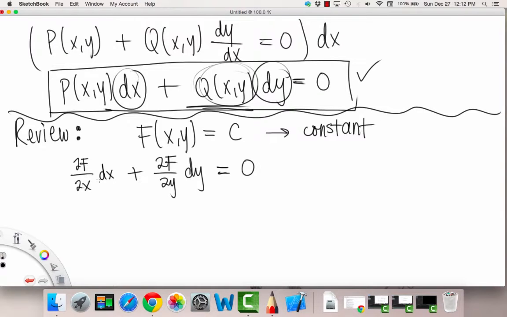As you see, this resembles what's inside the box already. Remember that original equation that we're going to be faced with in this section.